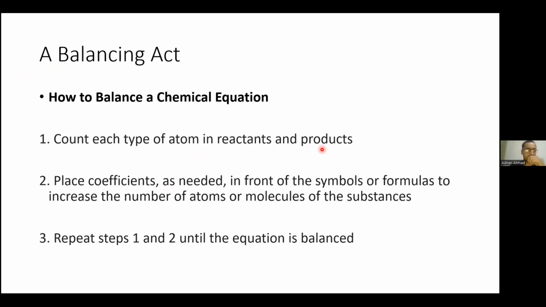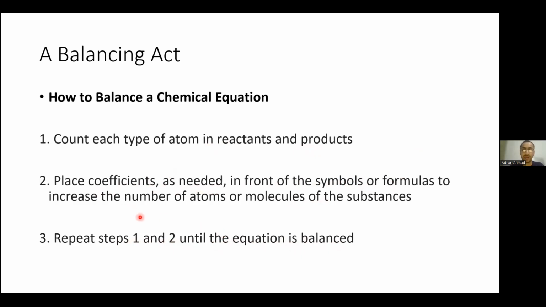You have to count how many atoms of a particular element we have on the reactant side and on the product side, right? Then place coefficients as needed in front of the symbols or formulas to increase the number of atoms or molecules of the substances. Then repeat steps 1 and 2 until the equation is balanced.